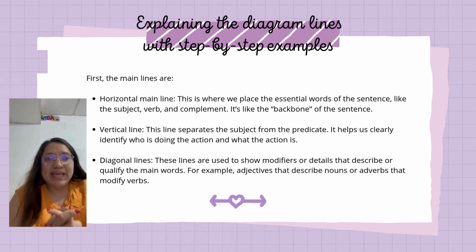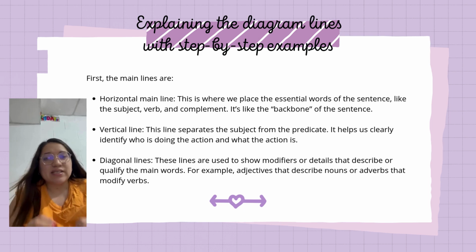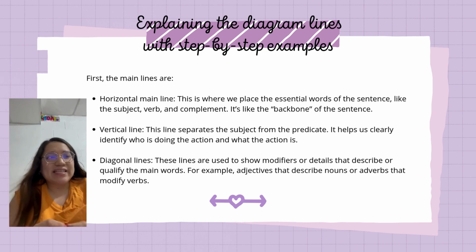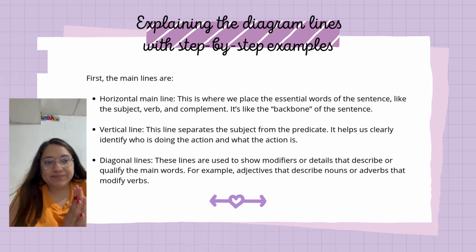First, the main lines. Horizontal main line: this is where we place the essential words of the sentence, like the subject, verb, and complement. It's like the backbone of the sentence. Vertical lines: these lines separate the subject from the predicate.